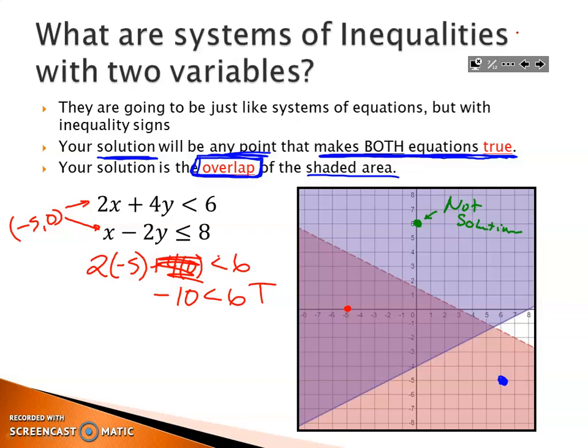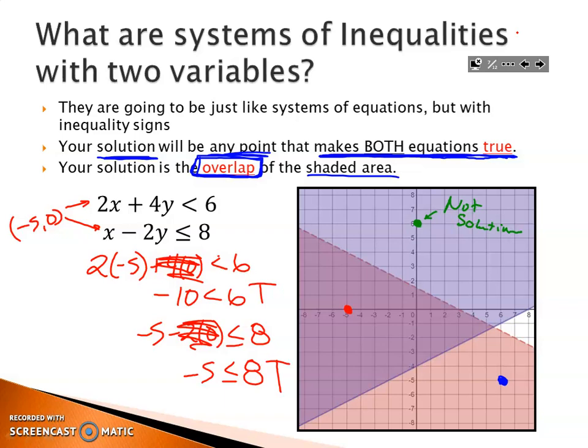Yeah, that's true. Then I've got negative 5 minus 2 times 0 less than or equal to 8. Again, zeros, don't worry about them. Negative 5 less than or equal to 8. Is that true? Yes, that is true. So if it's true for both, meaning it's the overlap, then it is a solution to the system. But it has to be true for both of them.